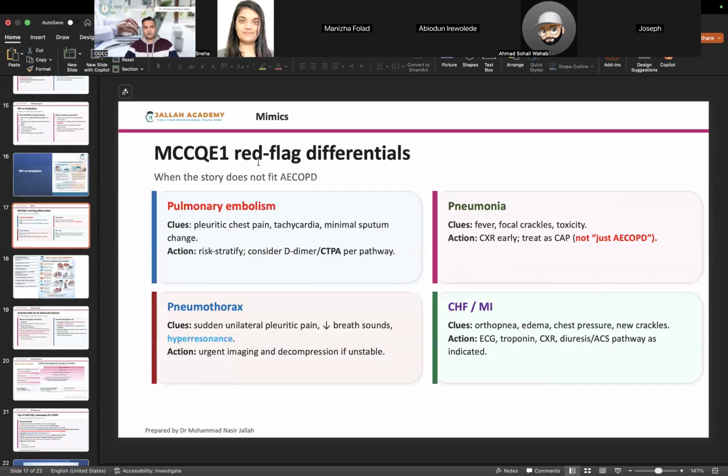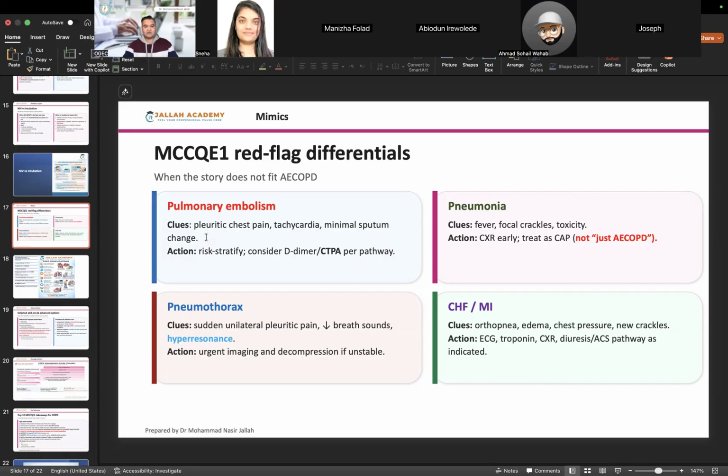I will add it. So now the red flags differential. Pulmonary emboli, I think I did mention it before. These are the things that, when you are dealing with COPD, have to be all around your head, right in front of your face, that you have to rule them out, okay? Pulmonary emboli: pleuritic chest pain, tachycardia, minimal sputum change.